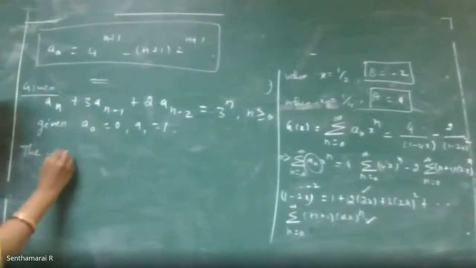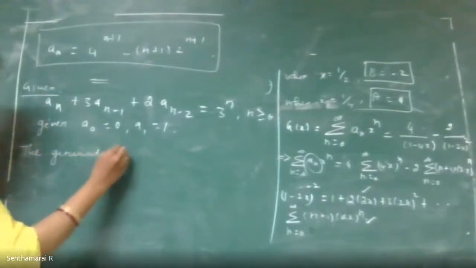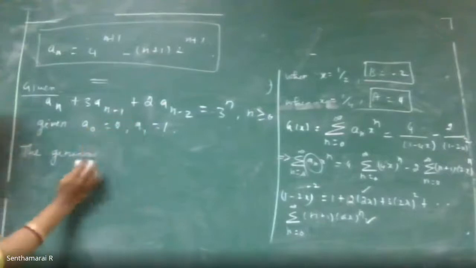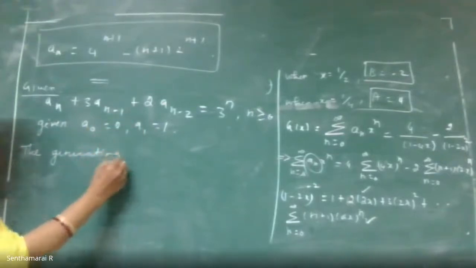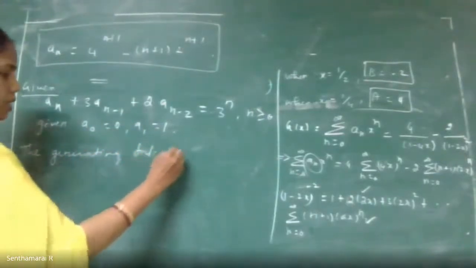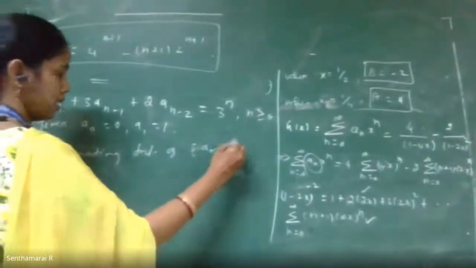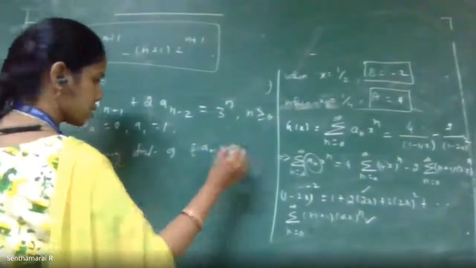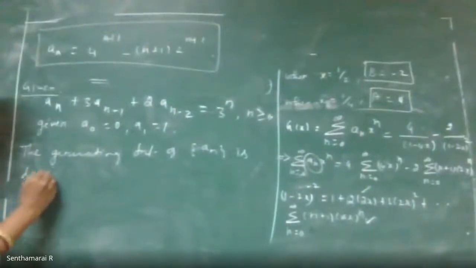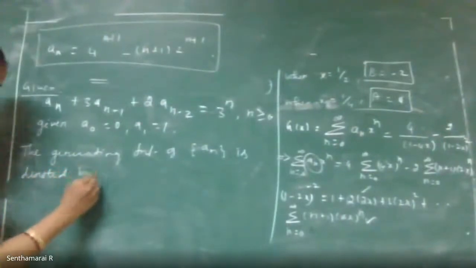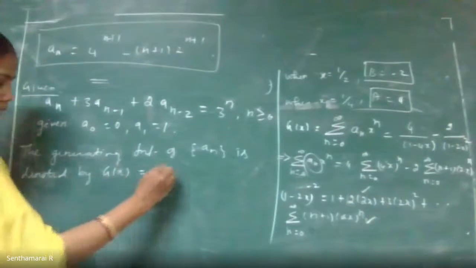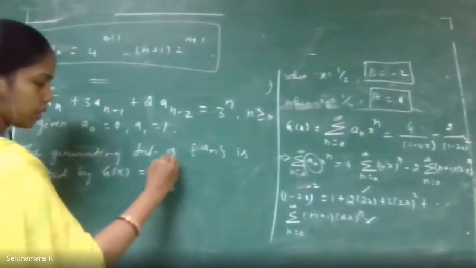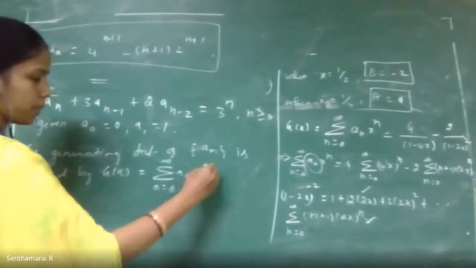The generating function of the sequence an is denoted by g of x, and it is defined as the summation over n equal to 0 to infinity of an x power n.